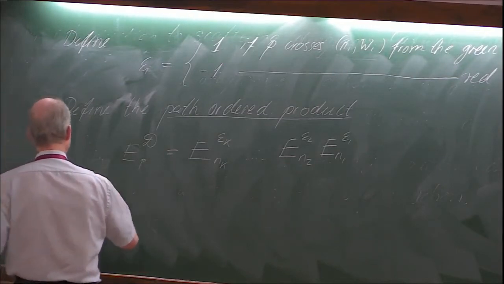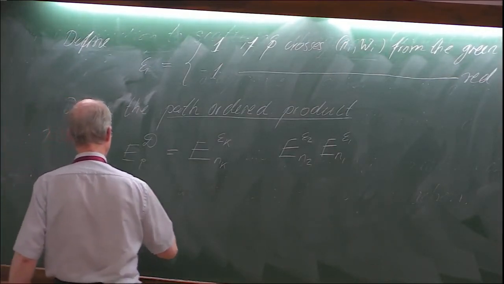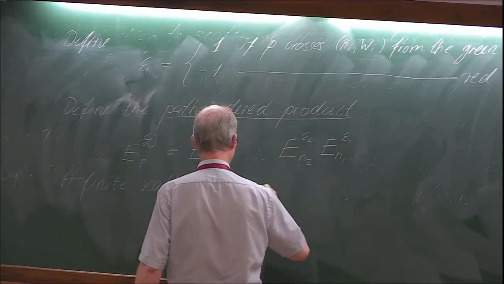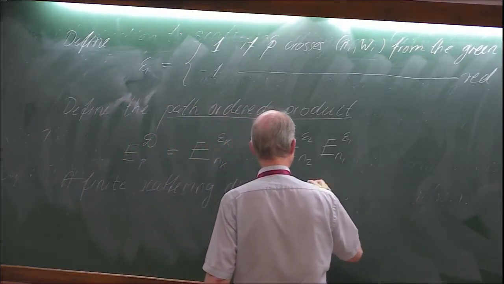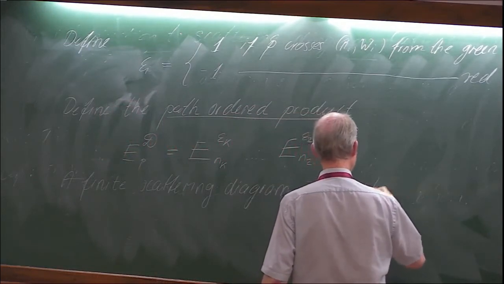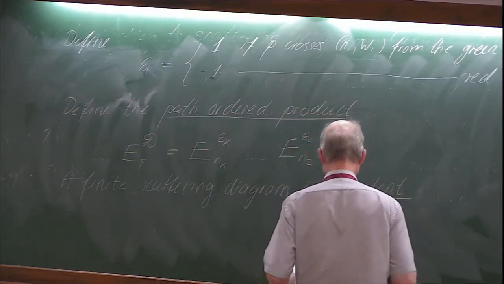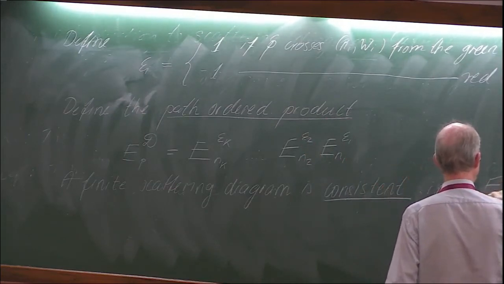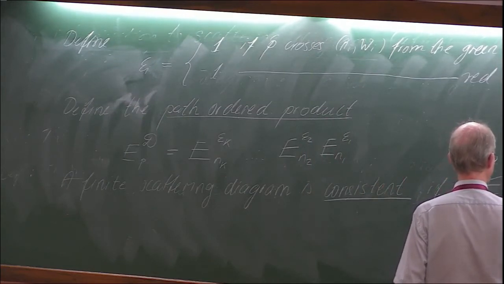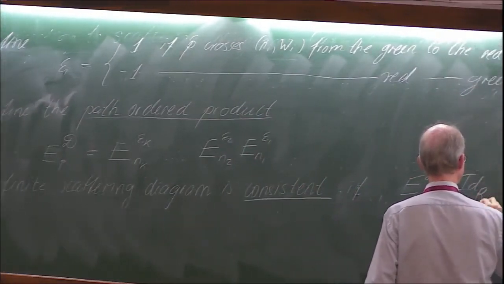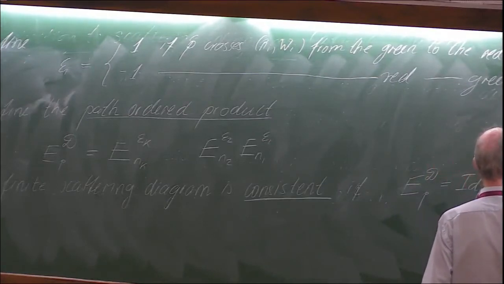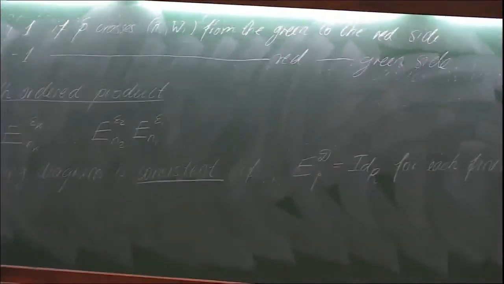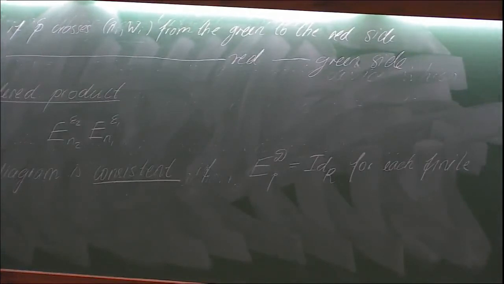Okay, and then we define a finite scattering diagram to be consistent if for each finite transverse loop, the path-ordered product associated with the loop is the identity automorphism.